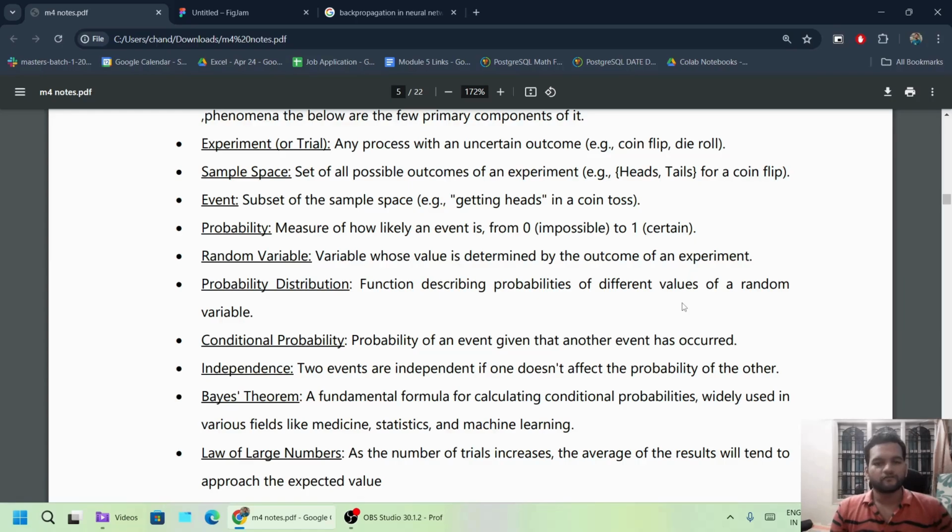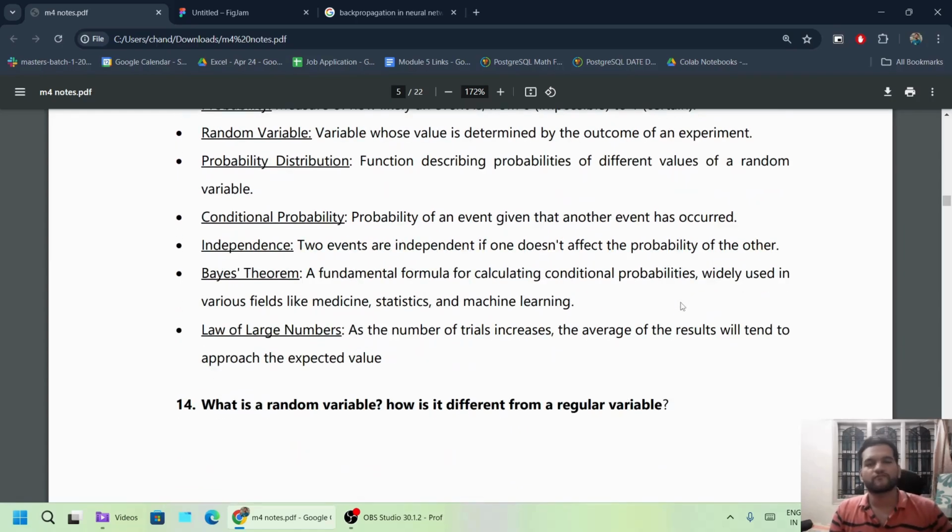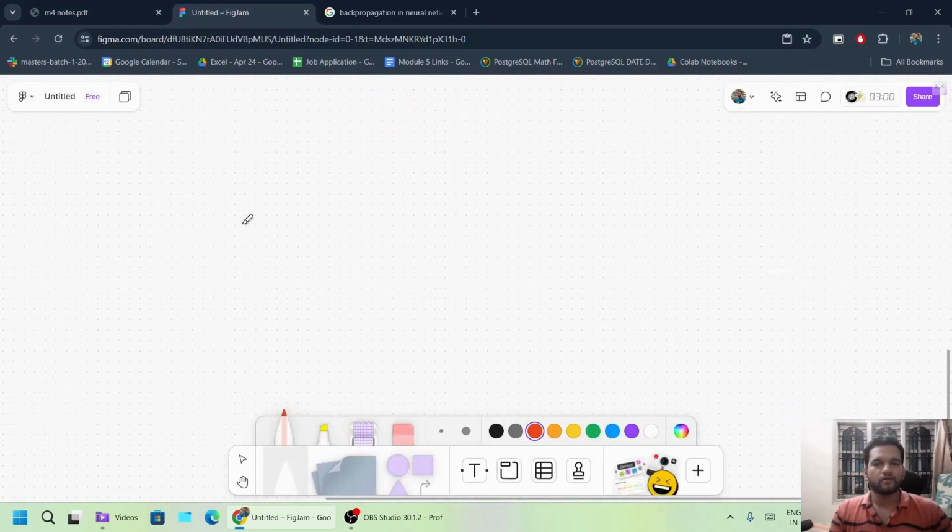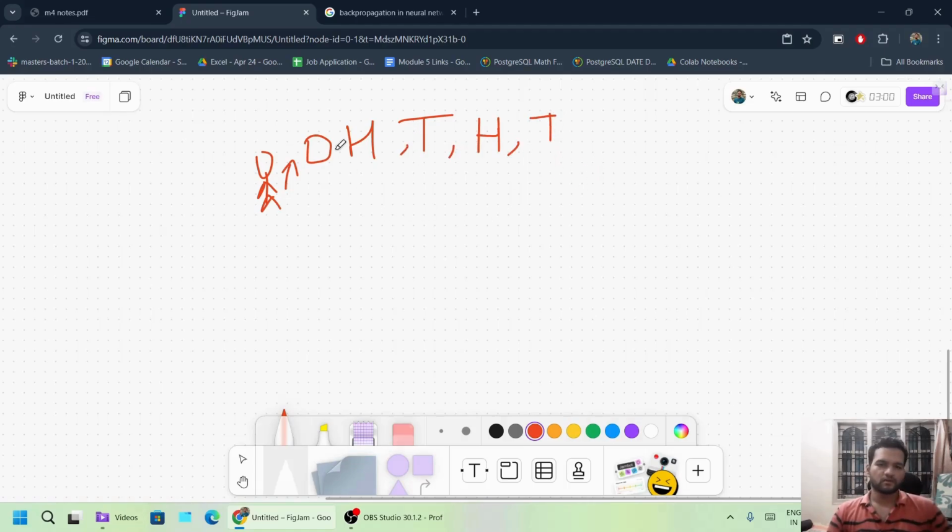Let us go to my Figma dashboard, I will explain it in short. The law of large numbers means if a person is flipping a coin, on the first he got heads, on the second he got tail, third time heads, fourth time tail, like that. His expected value is that more heads will come.